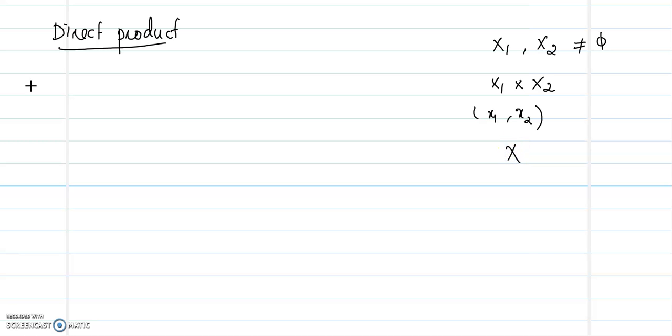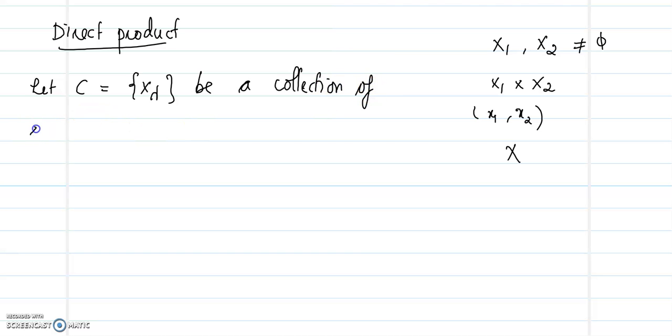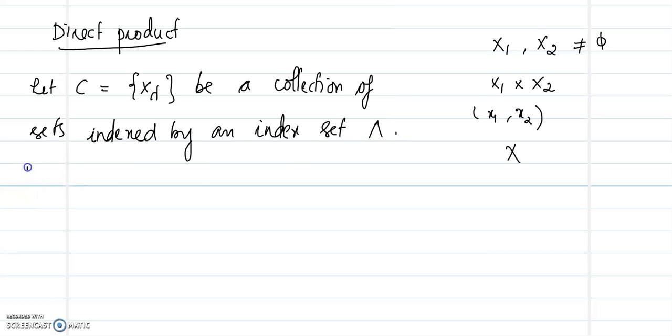Let us now define the direct product. Let C equal to X lambda be a collection of sets indexed by an index set, where lambda belongs to the index set capital Lambda.